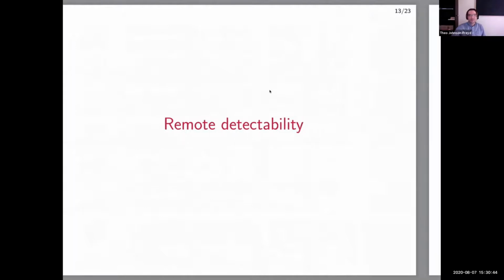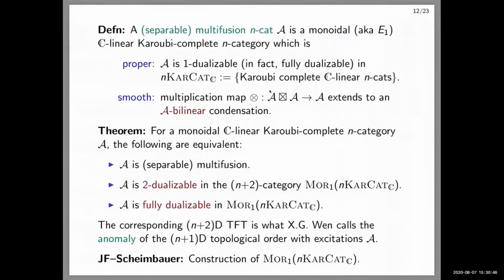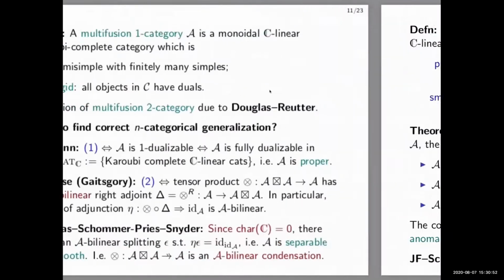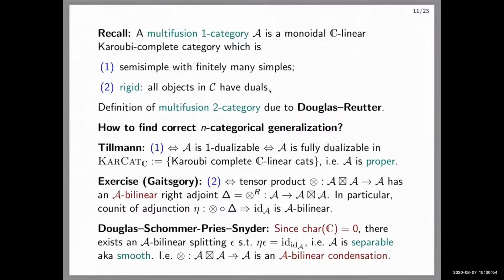So I want to say something about remote detectability. Can I ask a question? Yes. Hi. So I have a question about the word rigid in the previous slide. So for ordinary fusion categories, there is a theorem about Ocneanu rigidity that fusion categories don't admit any deformation, any continuous deformation. That's a much deeper use of the word rigid.